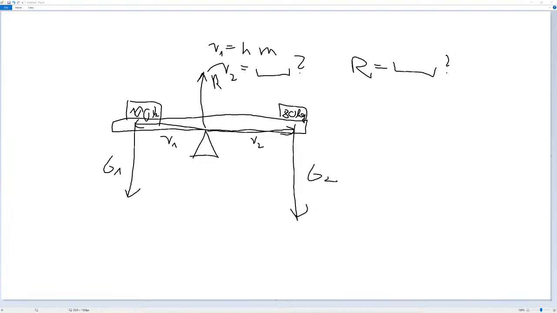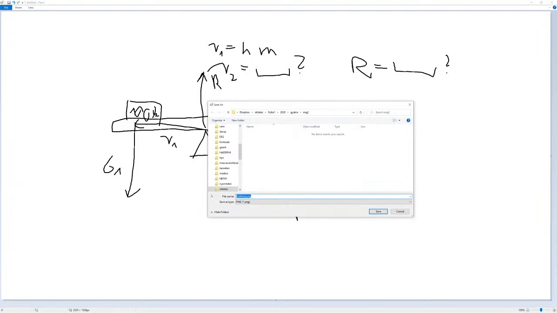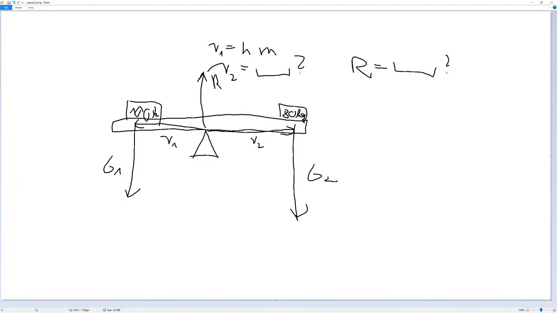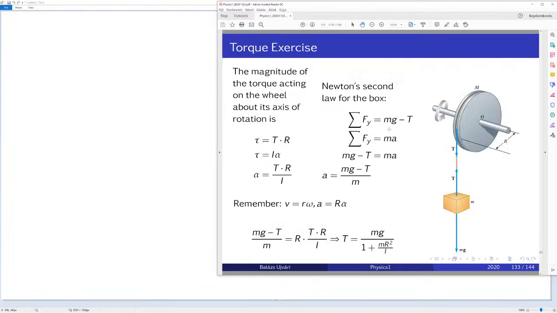Let's go further with a bit more complex example. And this is pure rolling.